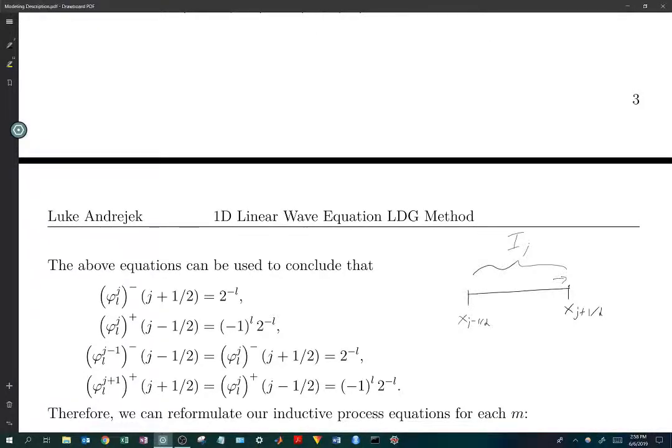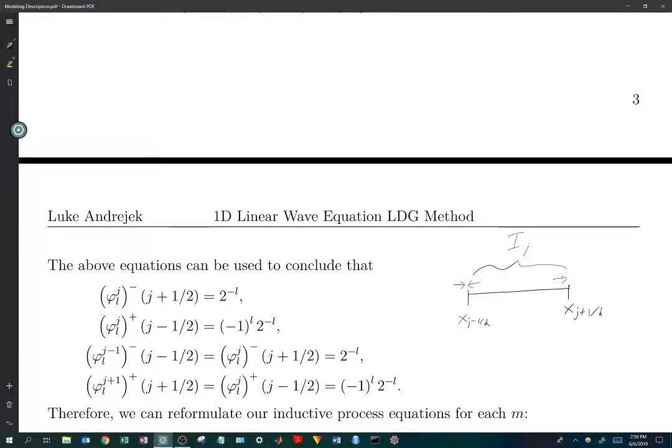Similarly, phi Lj plus at xj minus 1/2: you're approaching the left endpoint from the right, and so you're going to be evaluating this within Ij. However, for phi Lj minus 1 minus, you're at the left endpoint and you're evaluating it from this way, and so you have to move to Ij minus 1 to see what's happening.